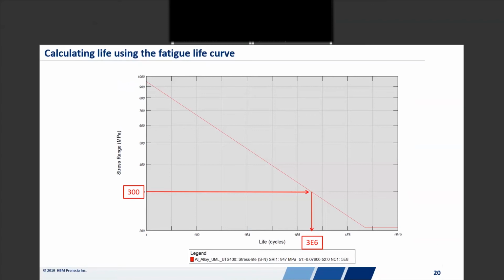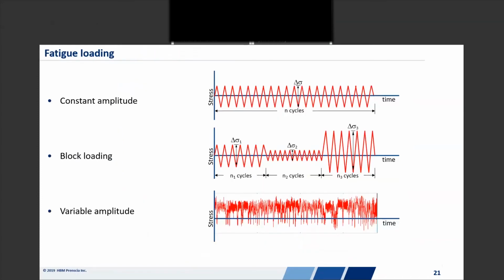So taking the inverse of the number of cycles, that quantity we call damage. And damage is really how much of the life we've basically taken away from applying that stress cycle. This becomes crucial downstream once we start looking at realistic loads.